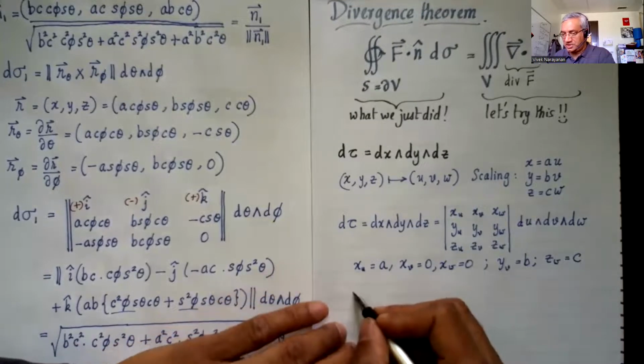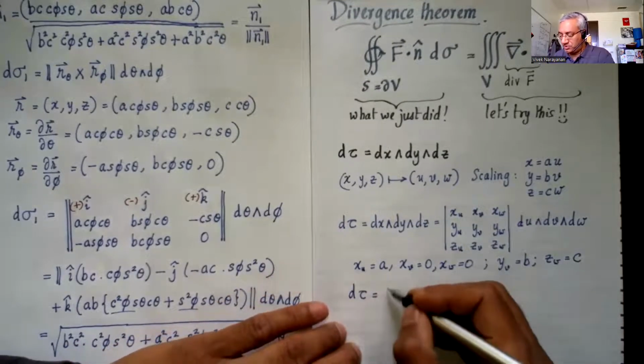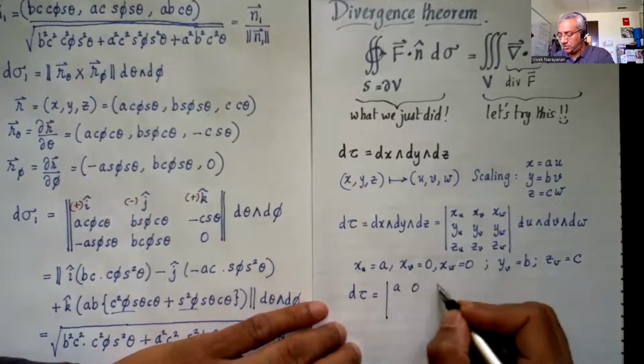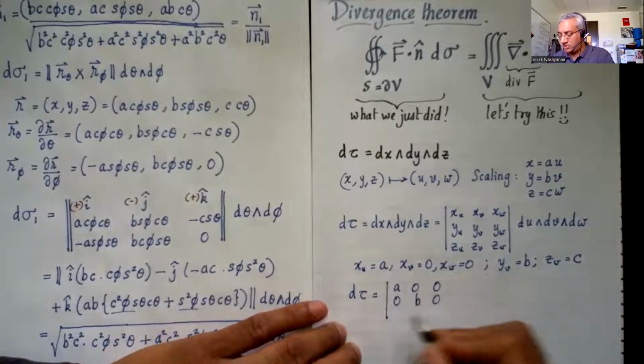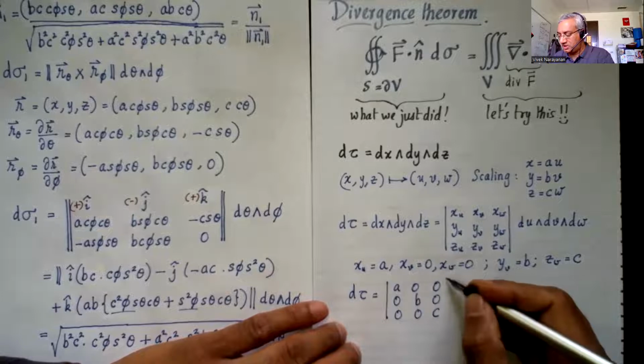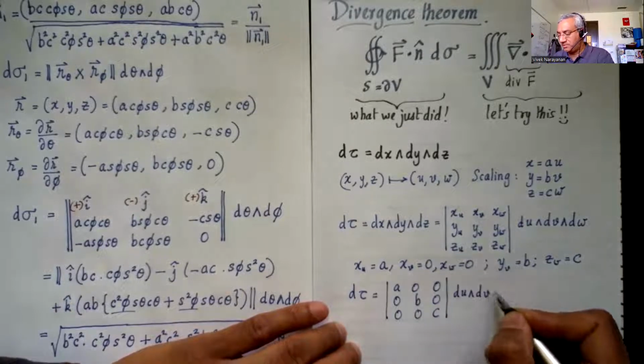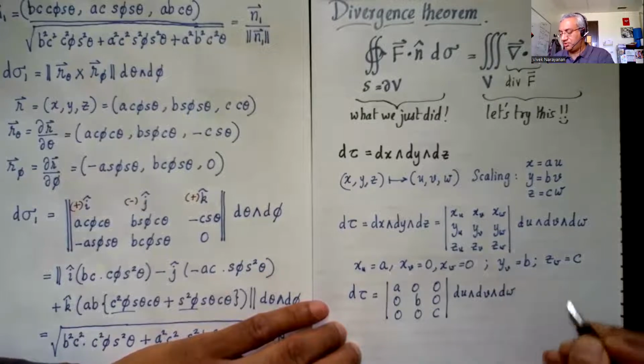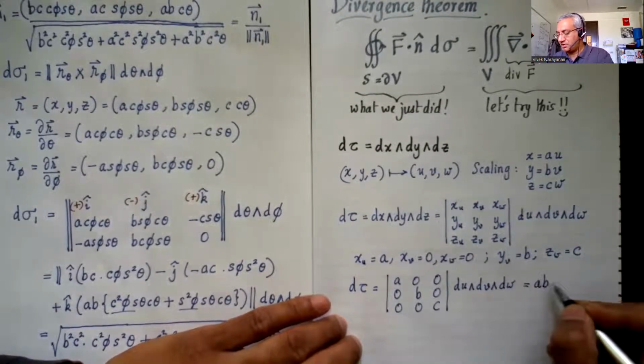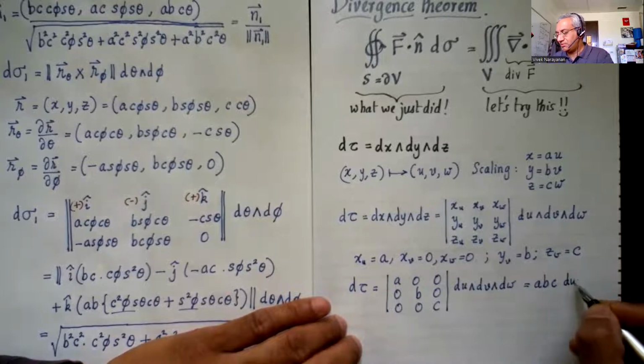So I get d tau equals the determinant of a 0 0, 0 b 0, 0 0 c times du wedge dv wedge dw. And that's just abc times du wedge dv wedge dw.